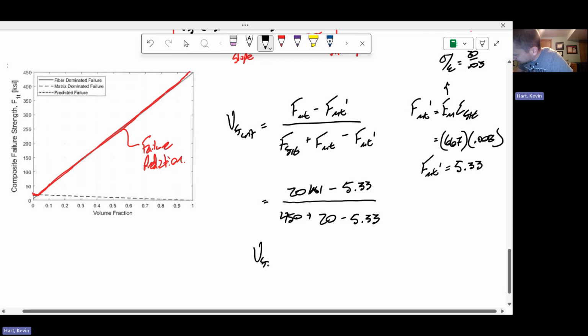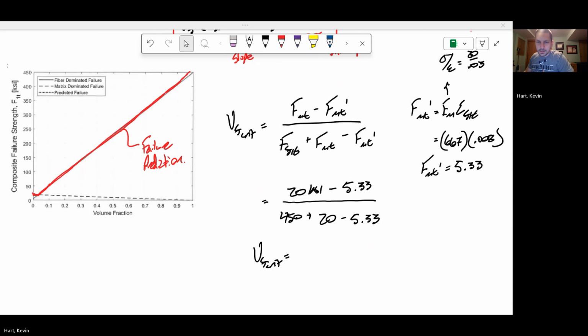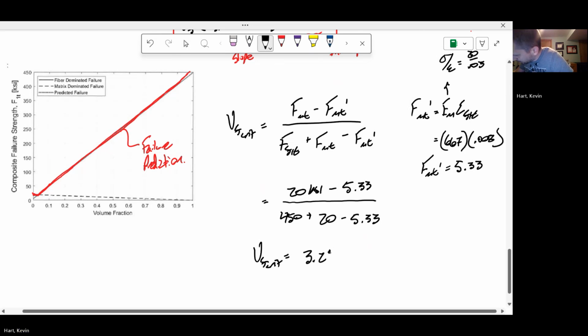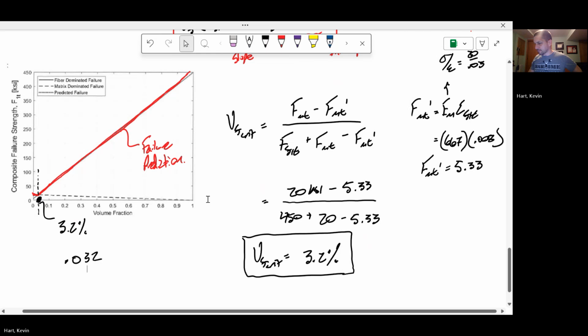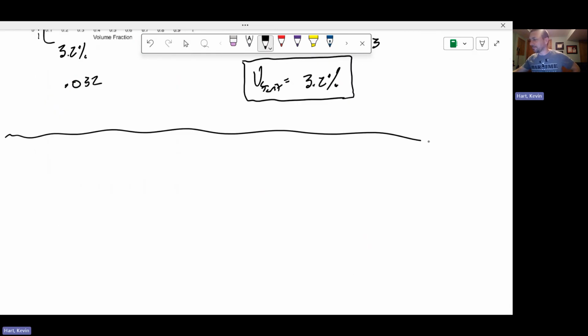You do all this, you'll calculate the critical volume fraction to be 3.2%. So that is the value at which we shift from one to the next. That is this value here, 3.2%, or, if you don't want it in terms of percentage, 0.032. All right, so that's that. Okay, that's problem number 2.